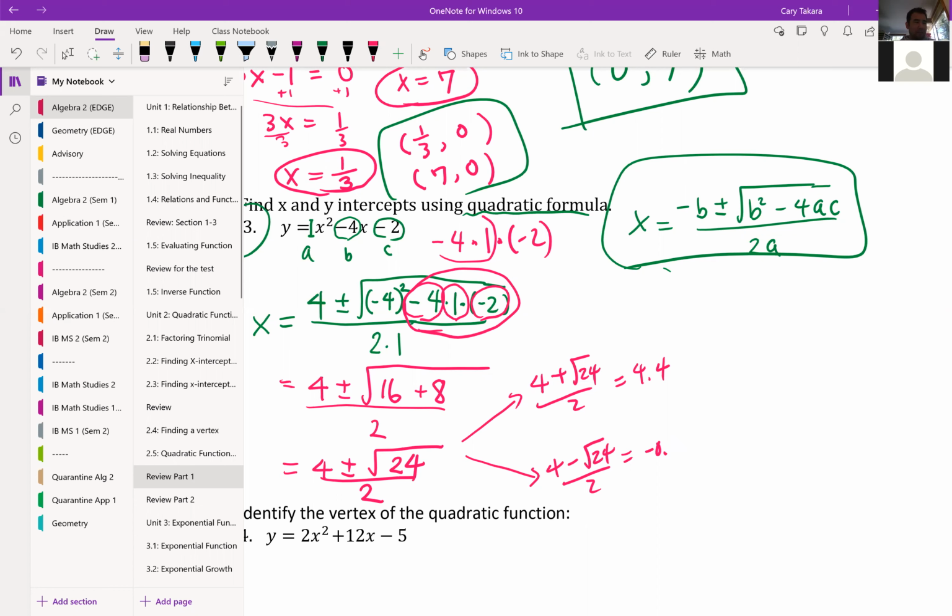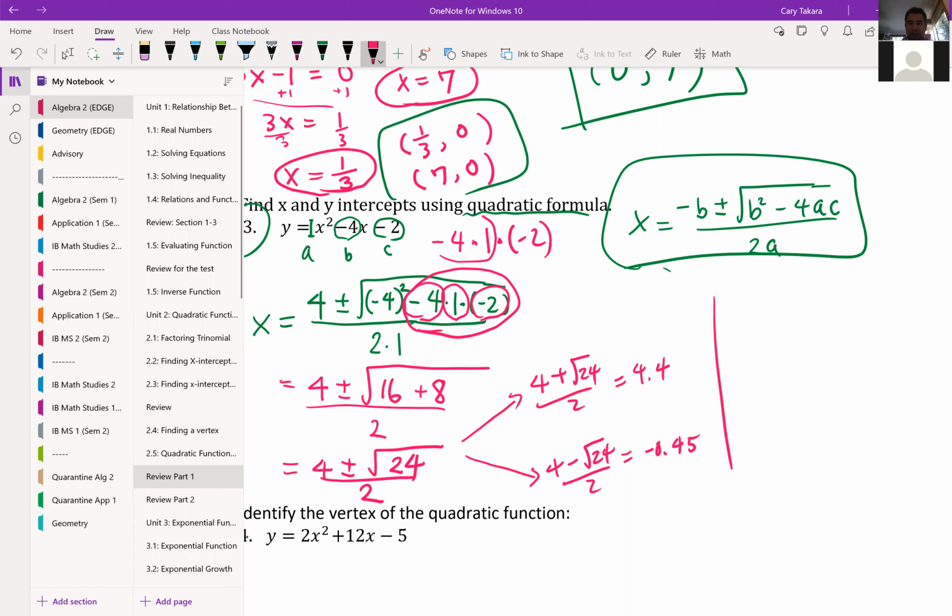Negative 0.4445. How did I do? Am I doing all right? Okay, very good. Thank you guys for letting me know.